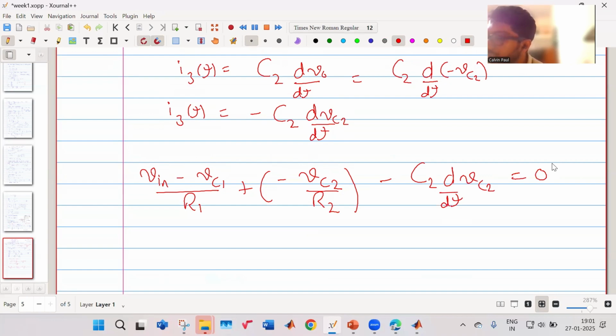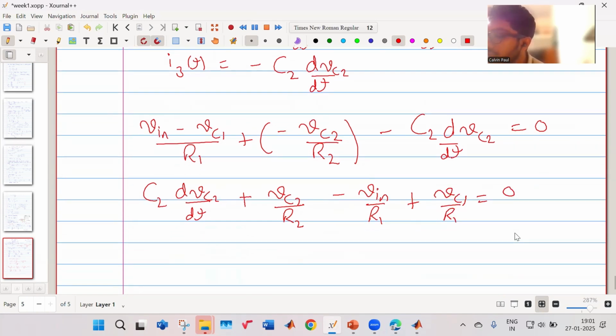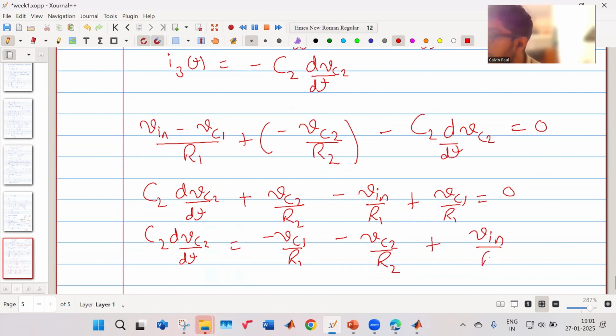So now what do we get? This C2 dVc2 by dt plus Vc2 by R2 minus V in by R1 plus Vc1 by R1 is equal to 0. So C2 dVc2 by dt is equal to minus Vc1 by R1 minus Vc2 by R2 plus V in upon R1.